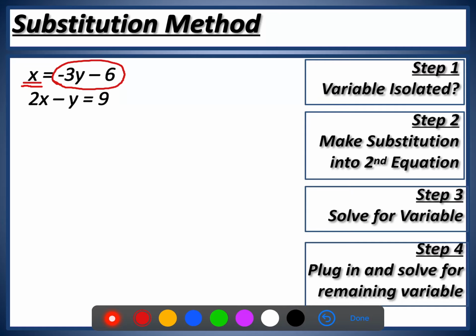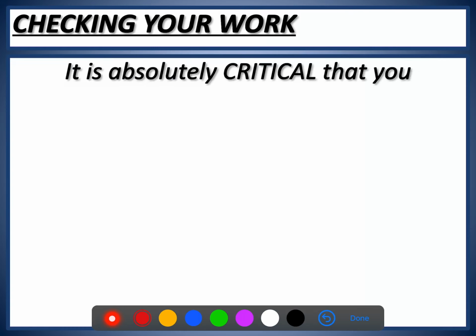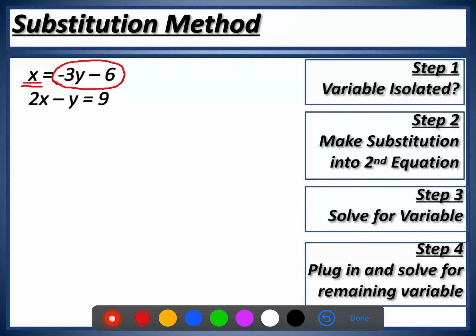Instead of having the x and two variables, if we plug this in, we're going to totally replace the x in the second equation, so that now our equation only has one variable in it. And if it has one variable, then we're able to solve.